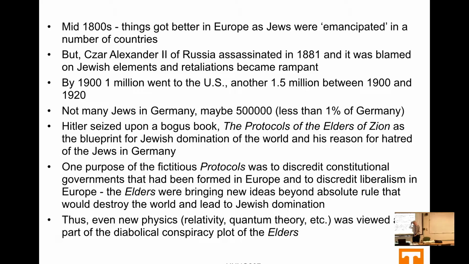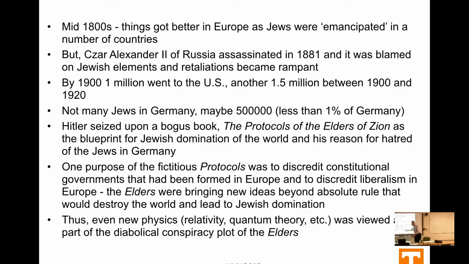Well, that's what happened here also, where this book was written to discredit liberalism that sprung up in the middle 1800s in Europe, the formation of constitutional governments where people had a voice in who would govern them, and wanting to go back to the old days of kings and czars. It's amazing now. And actually, Hitler apparently admired this blueprint and more or less adopted it for the Nazi Party, this bogus blueprint that was supposedly there for the Jews to take over the world.